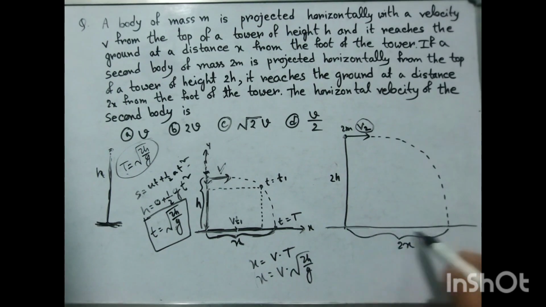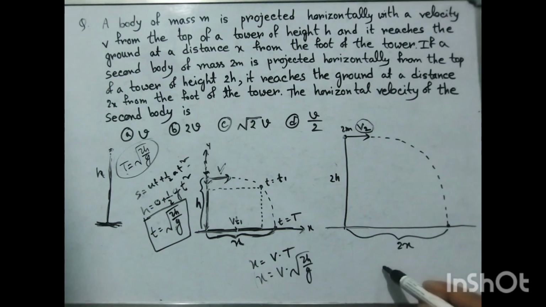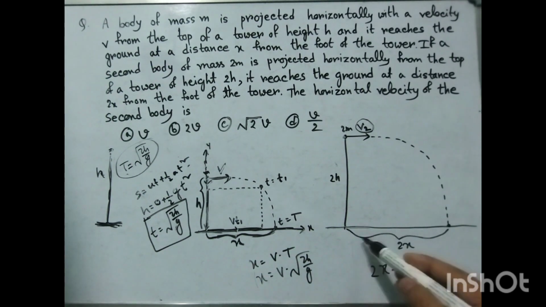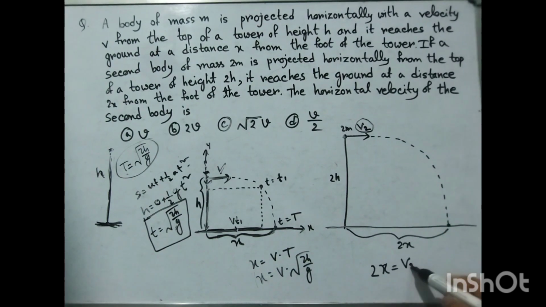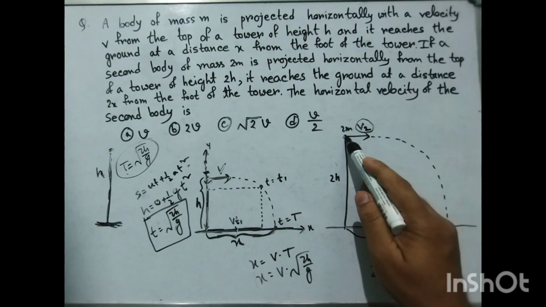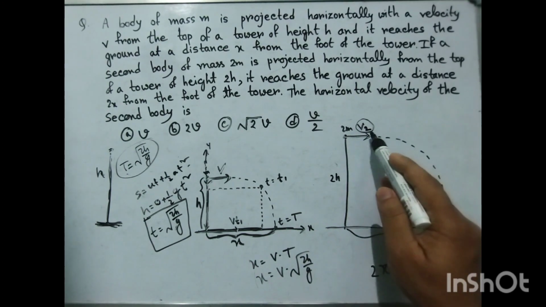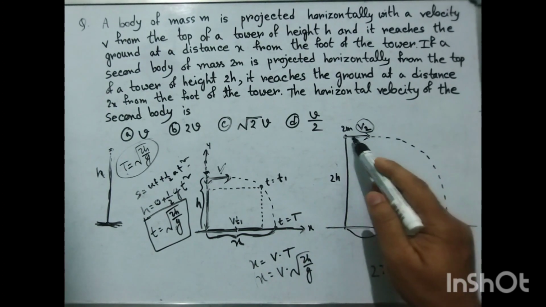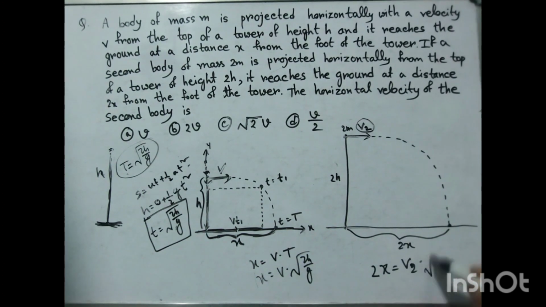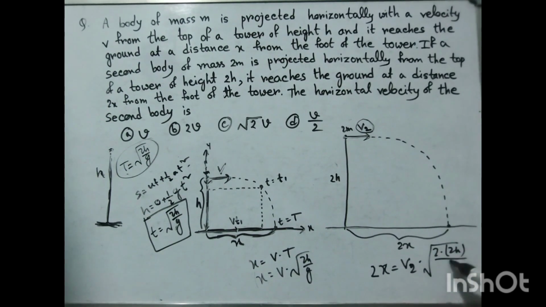Similarly, here the 2x distance at this point, when it reaches the ground, the x will be 2x, and the constant velocity is v2. Here also the ball is thrown horizontally, so there is no vertical component, so it is also in free fall along the y axis, so it will be root 2 into 2h by g.